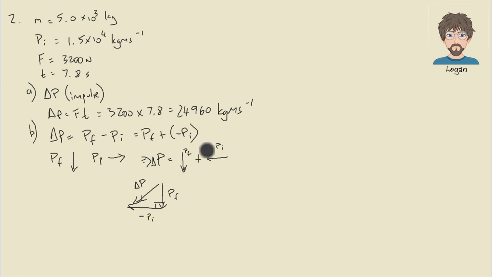And we can put some amounts on here: 1.5 times 10 to the 4, also 1.5 times 10 to the 4. All right, so this arrow here gives you the direction. Now these are the same length, so this is going to be 45 degrees.